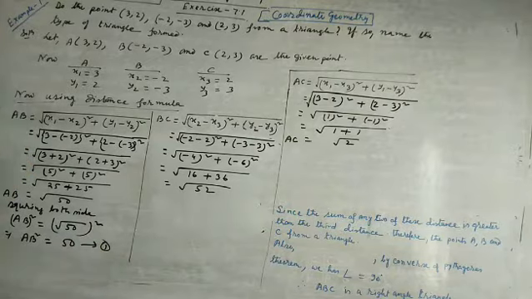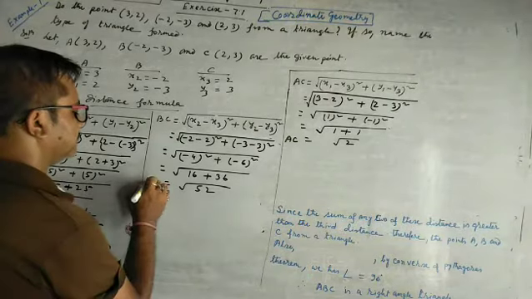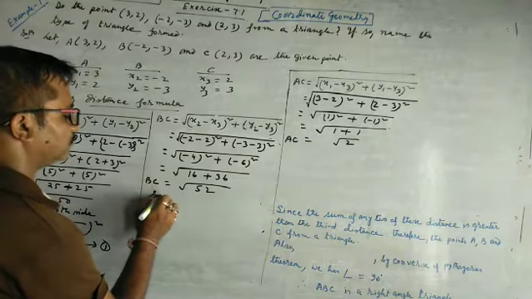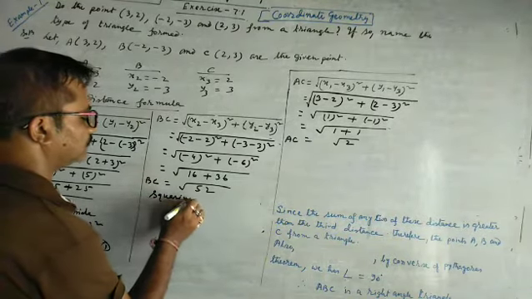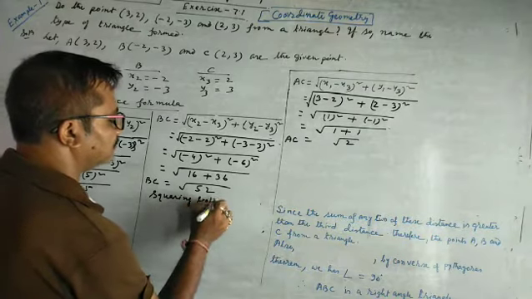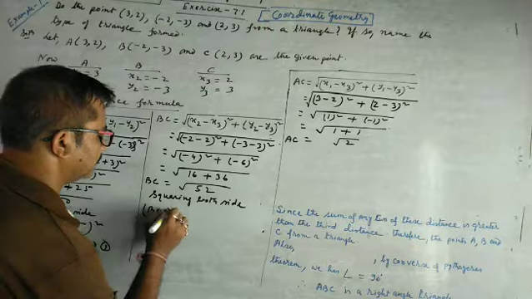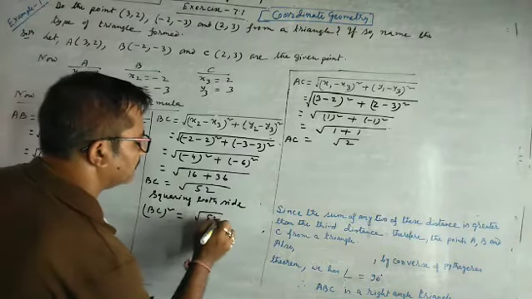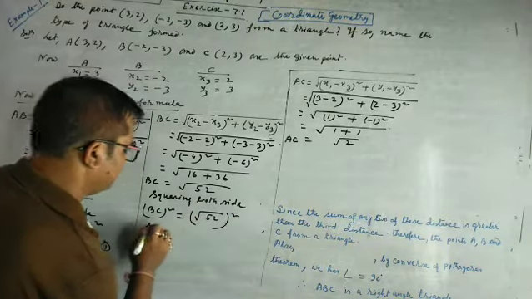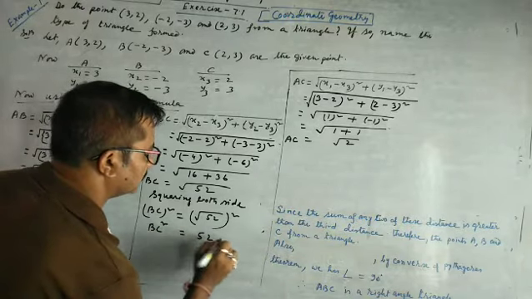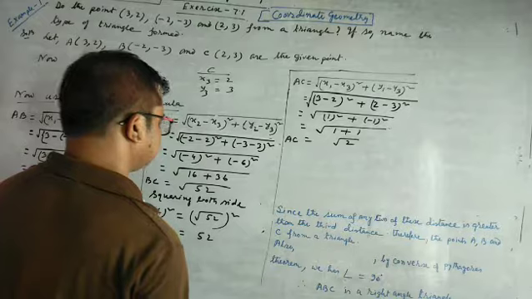This is number 1. Same thing. BC is equal to root 52. Squaring both sides.